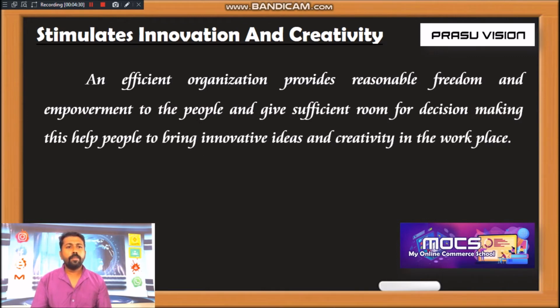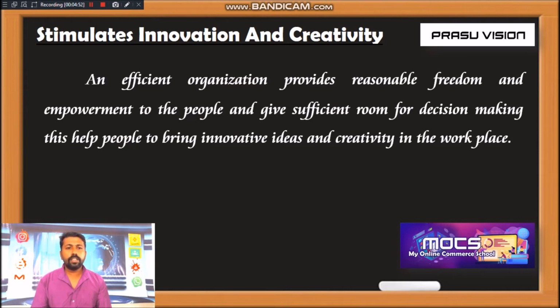You know very well, it is very essential for the survival and growth of the organization to be innovative and creative. So, those organizations having innovative and creative talented employees can bring maximum achievement of organizational objectives.